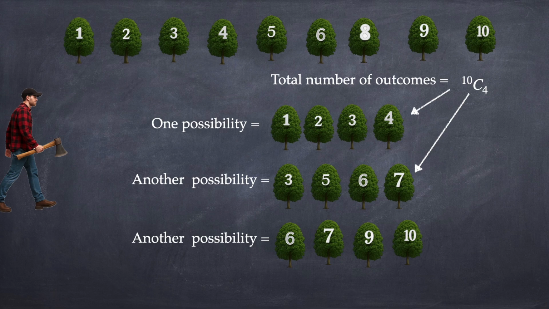The specific arrangement doesn't matter. Any group of 4 trees from the total of 10 is valid. These examples illustrate the 4 trees that are part of the potential outcomes. In this scenario, any combination of 4 trees from the total set of 10 is considered regardless of their adjacency to one another.